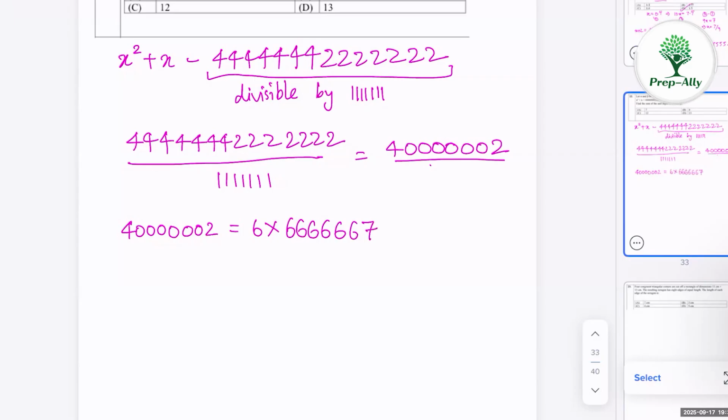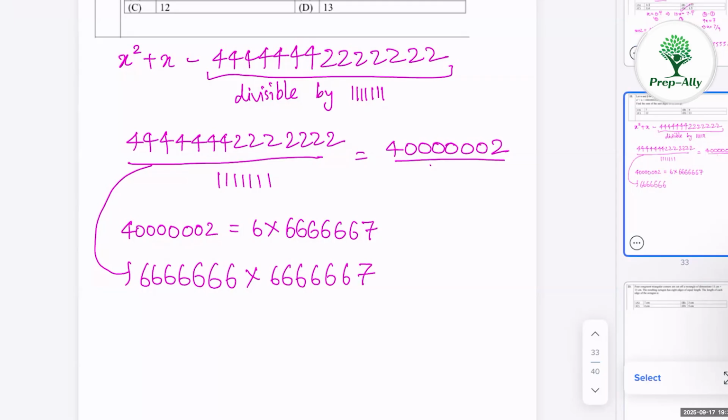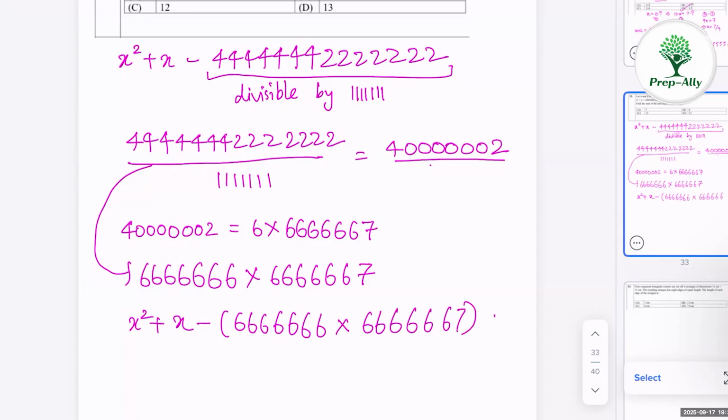So this whole number can be written as 6666666 into 6666667. So we have x square plus x minus 6666666 into 6666667 equal to 0.